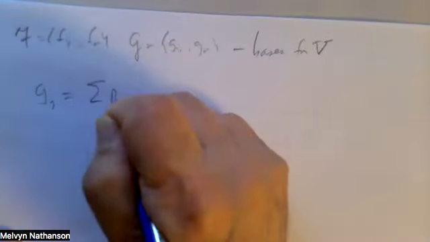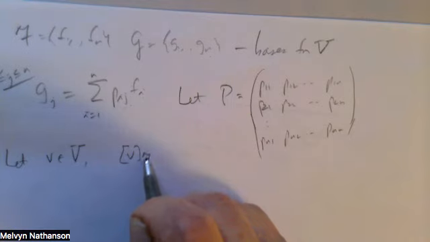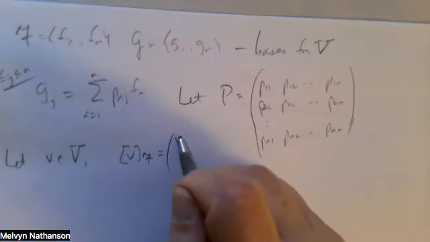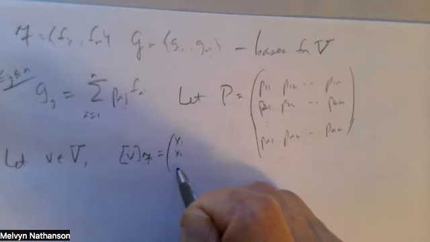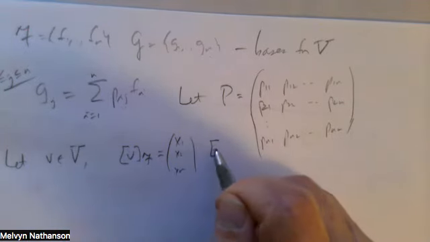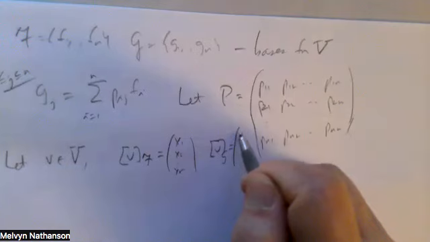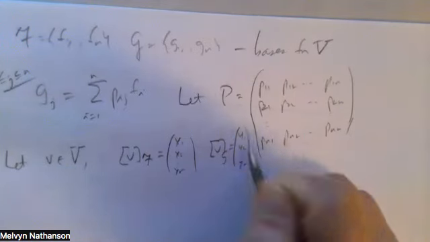So let's compute what happens when you take a vector v. Let v be a vector in V, and suppose the coordinate vector for v with respect to F is x1, x2 to xn, and the coordinate vector for v with respect to G is y1, y2 down to yn.